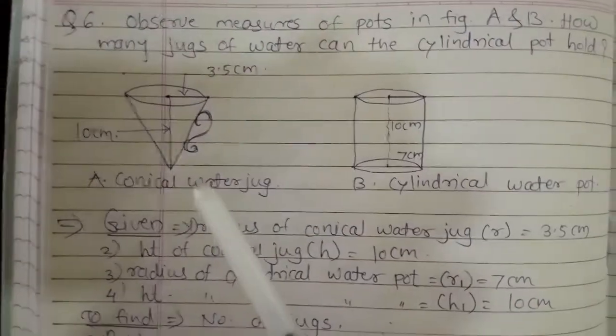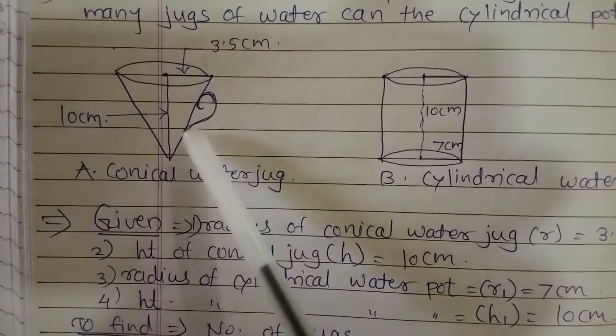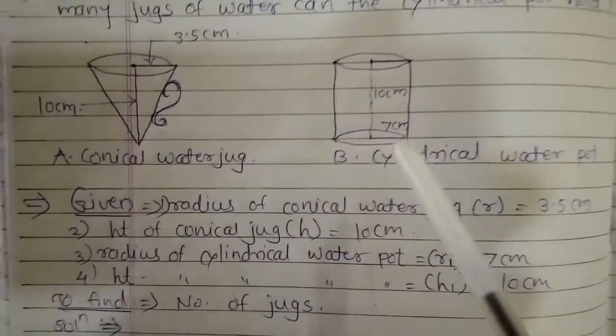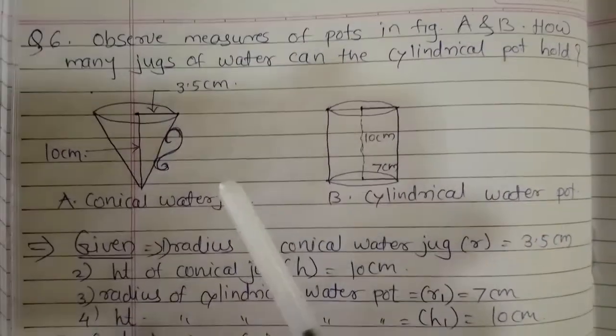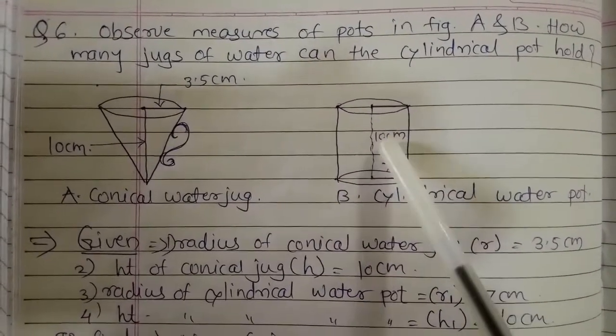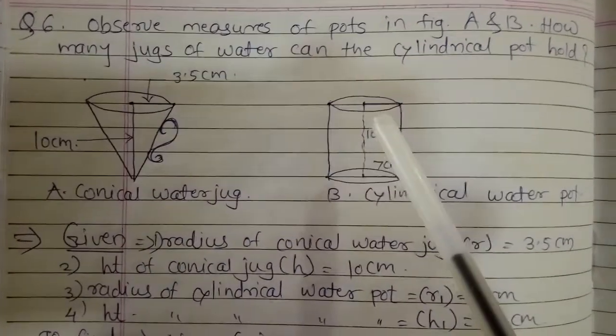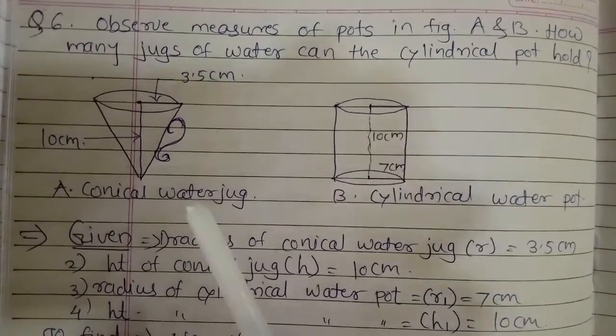Here you are given two figures. The first one is a conical water jug, and this one is the cylindrical water pot. We have to pour water with this jug into this cylindrical pot. How many jugs of water can we pour in this cylindrical pot? We have to find it.